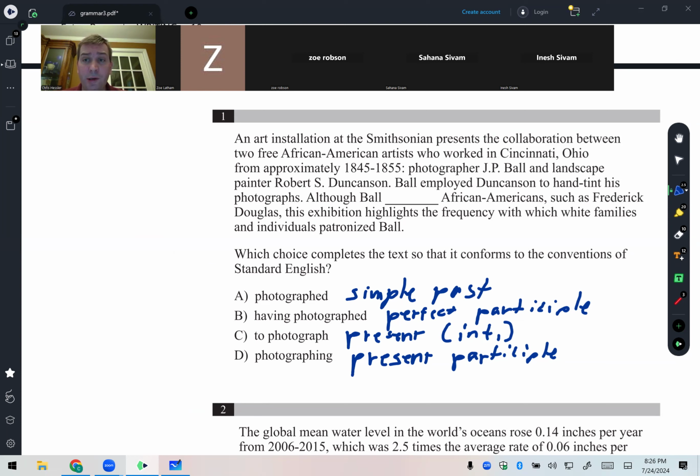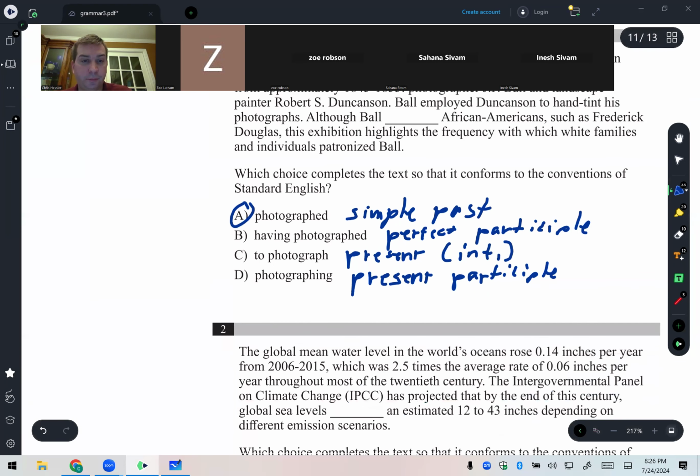Ball employed Duncanson to hand tint his photographs. I think we're in simple past. Although Ball photographed African Americans such as Frederick Douglass, this exhibition highlights the frequency with which white families and individuals patronized Ball. So this one is A. We just need the simple past. They will test you on tense.